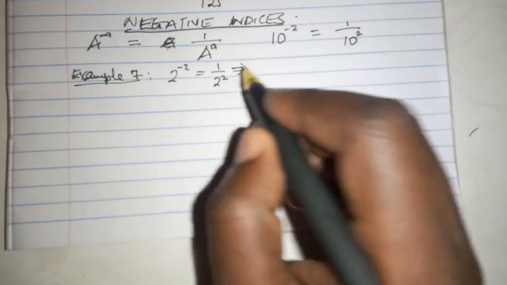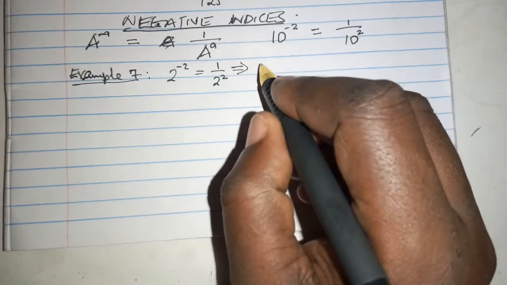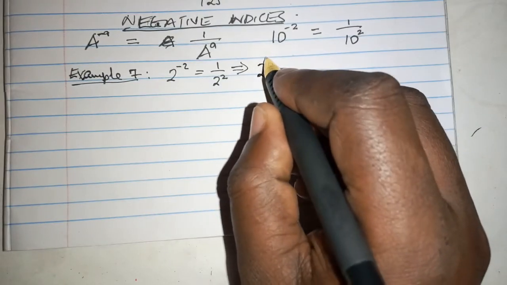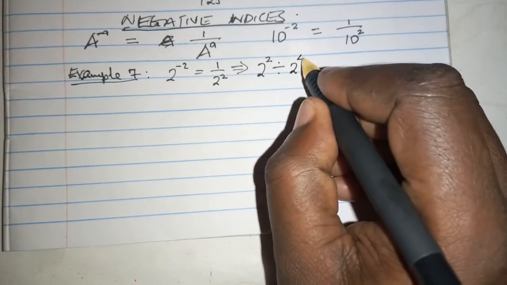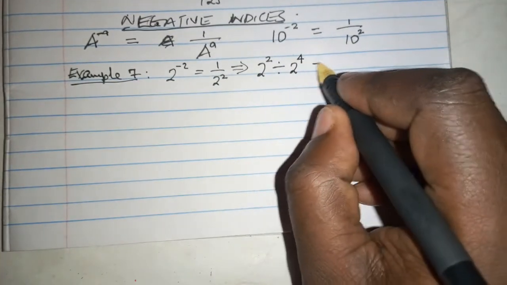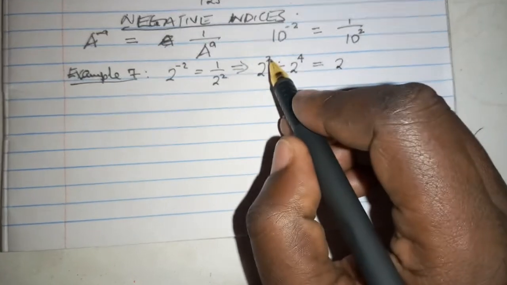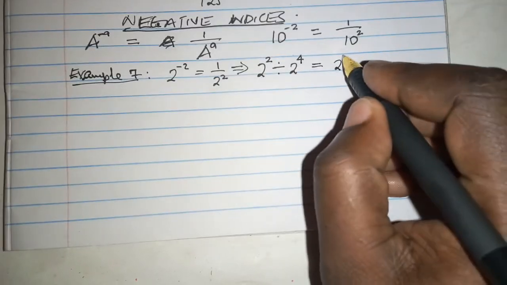First, assume 2 raised to power 2 divided by 2 raised to power 4. Of course, this is 2 raised to power 2 minus 4, which is negative 2.